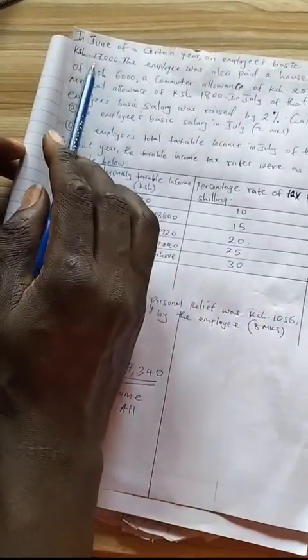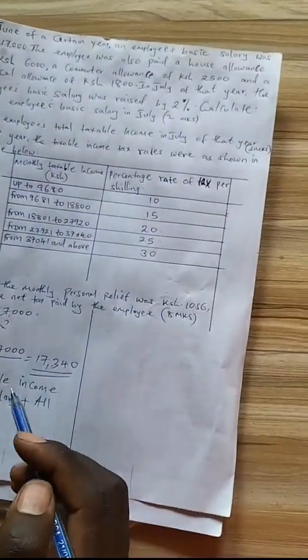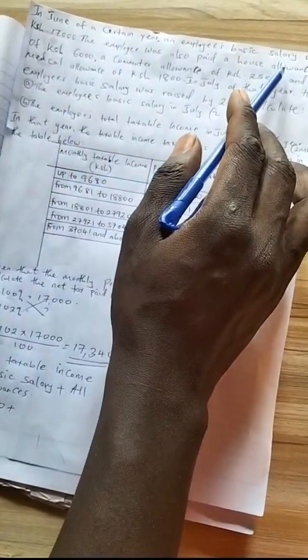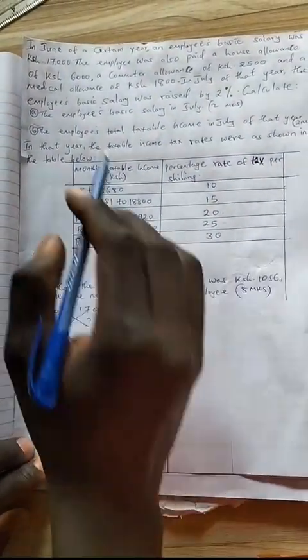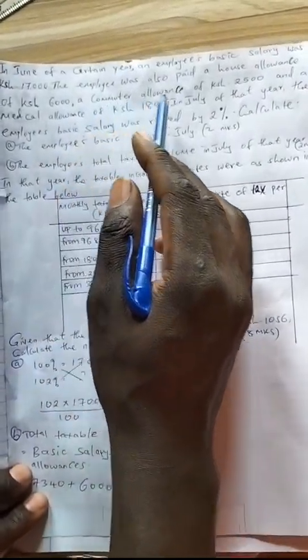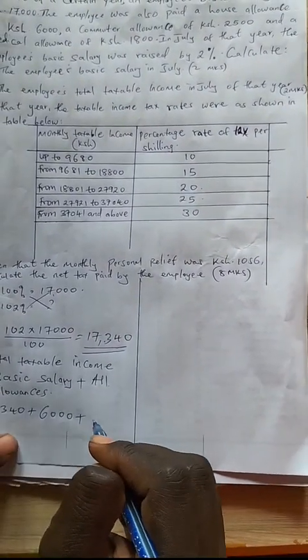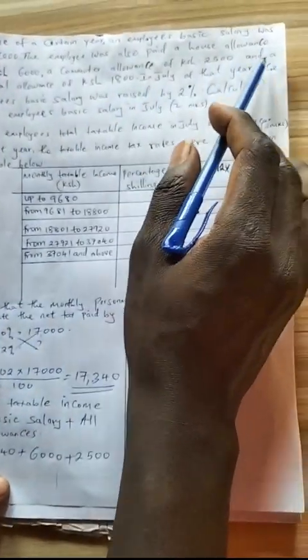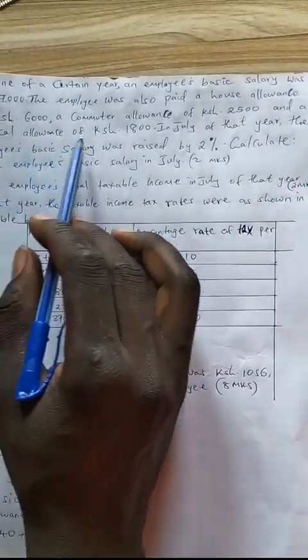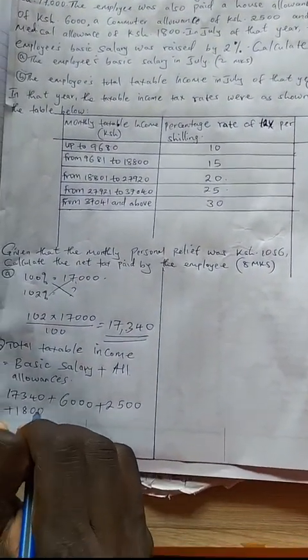Starting with the house allowance of 6,000, we add the 6,000. The employee was also entitled to a commuter allowance of 2,500, so we add 2,500. He was also entitled to a medical allowance of Kenya shillings 1,800, so we add 1,800.